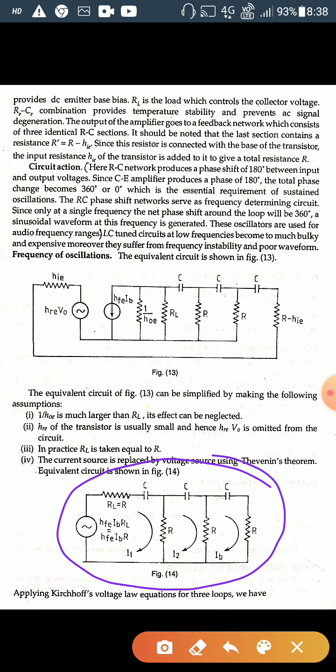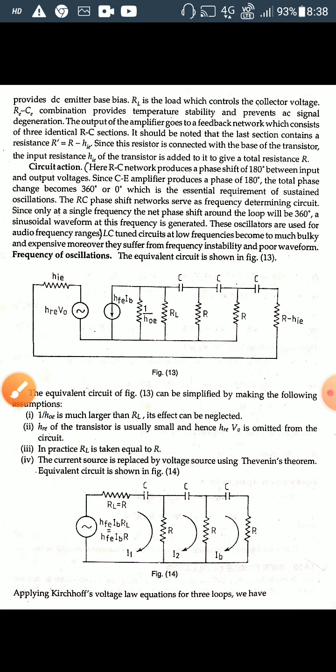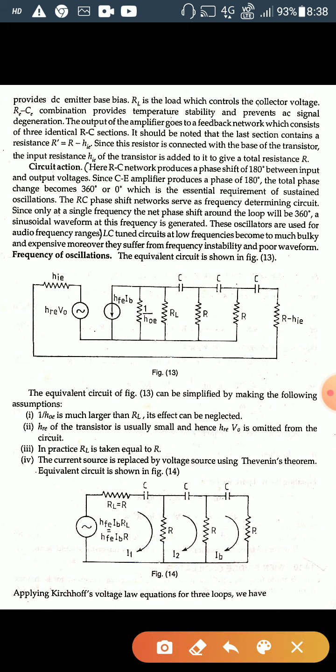For loop number 1, we consider the current direction clockwise, and its value is I1. For loop number 2, the current is also in the clockwise direction, and the current value is I2. And for loop number 3, the current is clockwise and this is I_B.